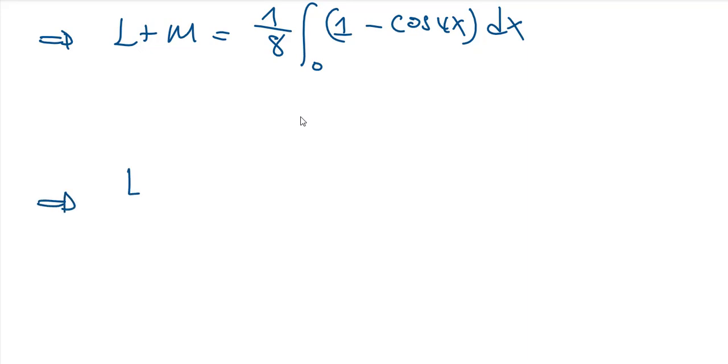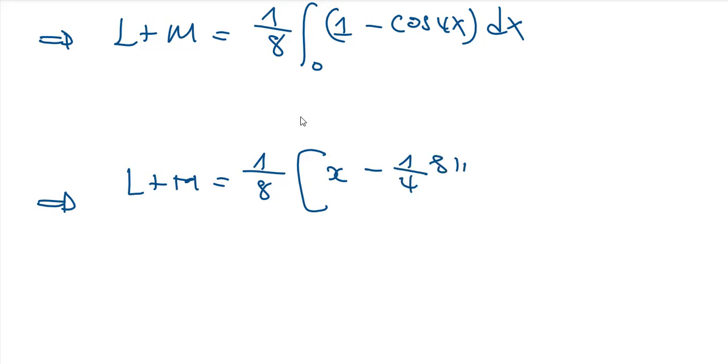So what do we have? It means that my L plus M will be equal to 1/8 into, when you integrate 1 with respect to x, it gives x, and when we integrate negative cos 4x, we have negative 1/4 sine 4x from 0 to pi on 2.